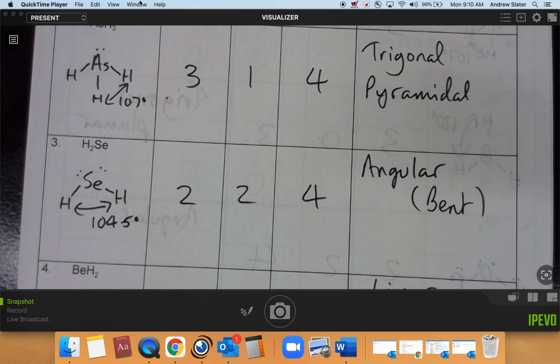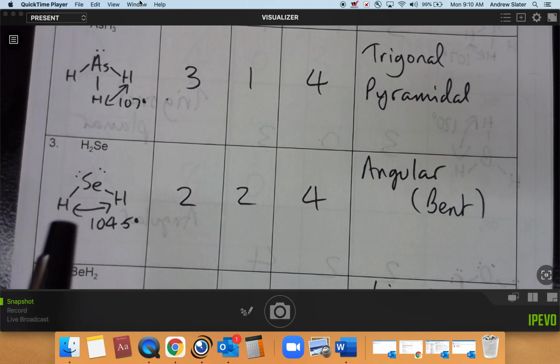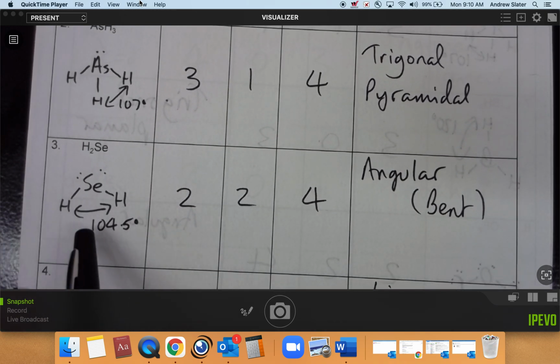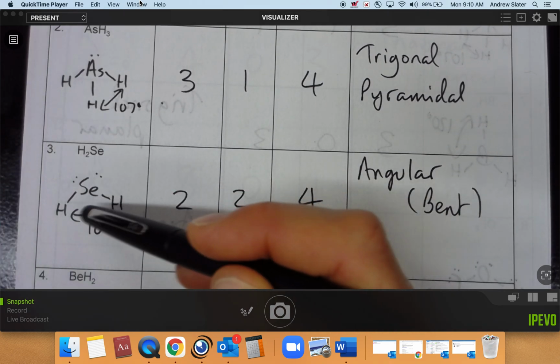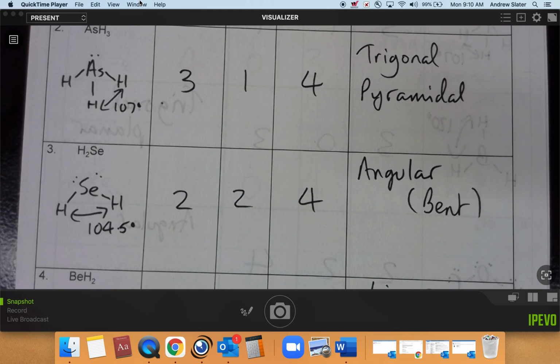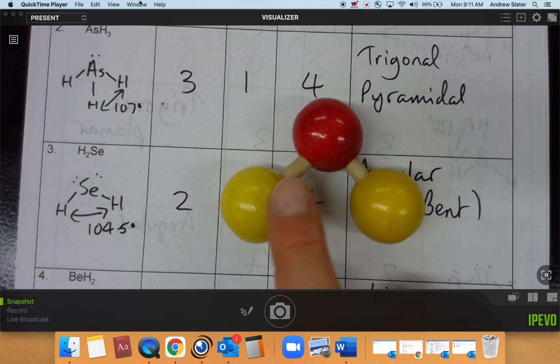This is why, when we started drawing Lewis structures, you might have drawn this in a straight line, with a lone pair up top and a lone pair down below. Well, the reason that doesn't happen is because that would be more repulsion.